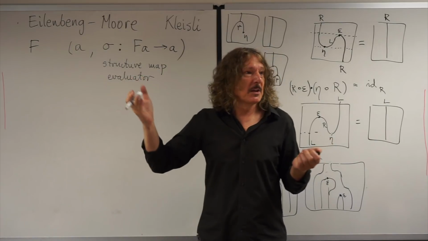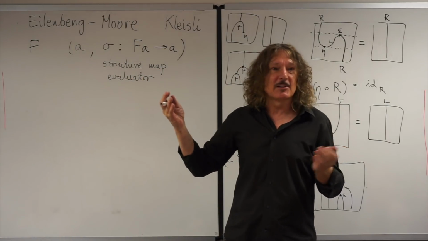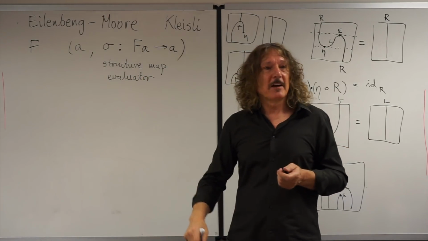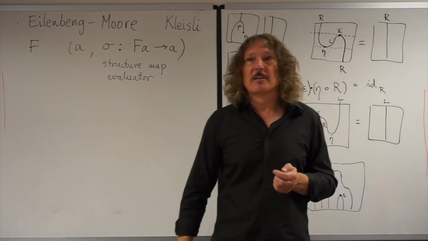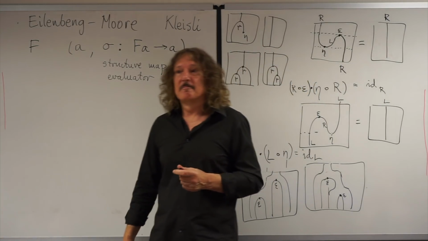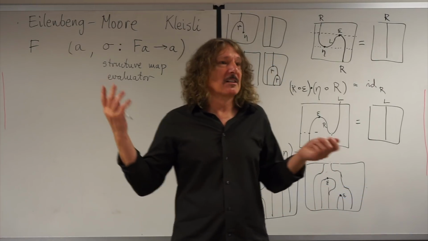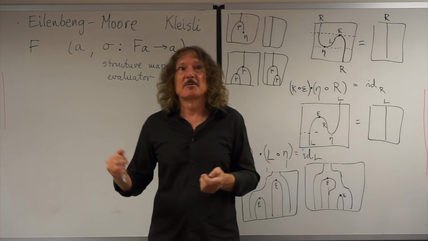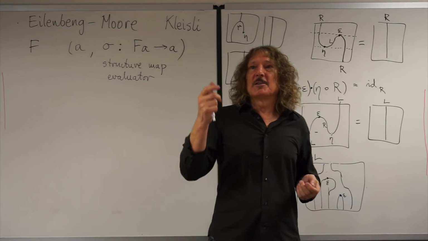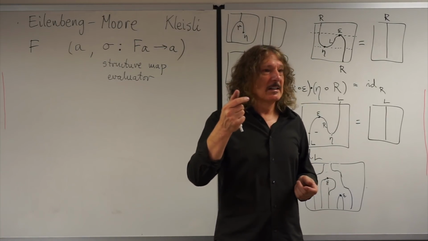Because it evaluates this expression that I formed using my functor. For instance, I created an expression that's a list of integers. This tells me how to evaluate it down to a single integer. Okay? There can be many such functions that take a list of integers and give me an integer. It could take, maybe, the first element of the list.